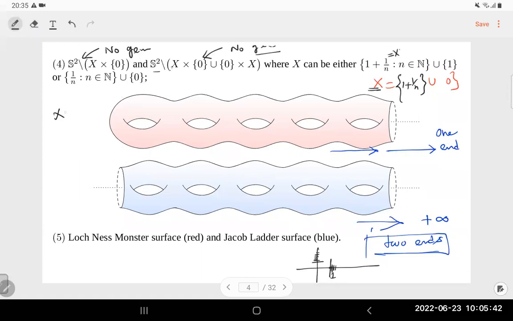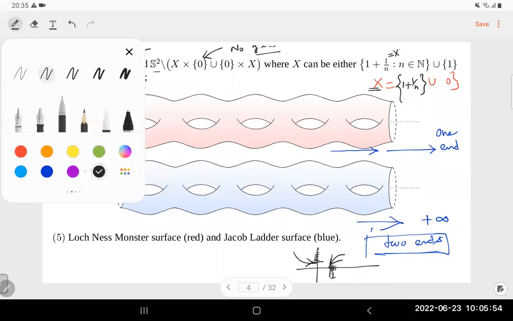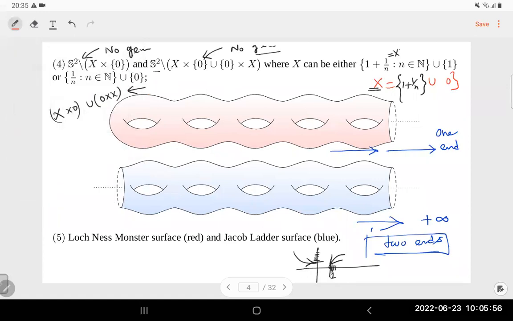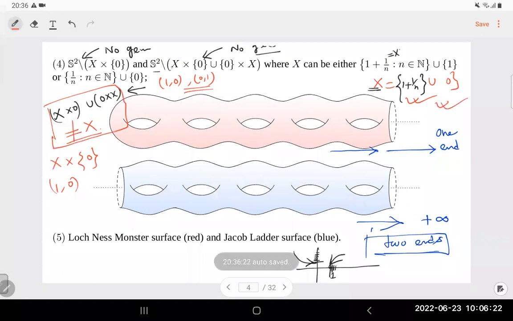So now you notice that X cross 0 union 0 cross X has two limit points. One is located here, another is located here. So the two limit points are, let's say, 1, 0 and 0, 1, in case X equals this thing. But X cross 0 has exactly one limit point, which is nothing but 1, 0. So X won't be homeomorphic to this one.